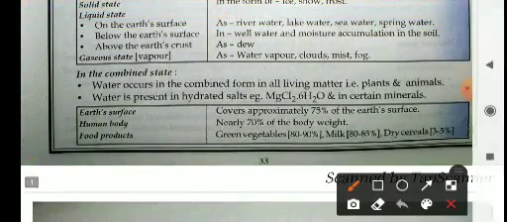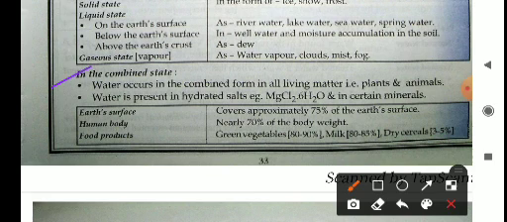Now to the combined state. Water occurs in combined form in all living matter, that is plants and animals. Water is present in hydrated salts, for example magnesium chloride hexahydrate, and in certain minerals. So water can also be present with some minerals or salts in combined states.